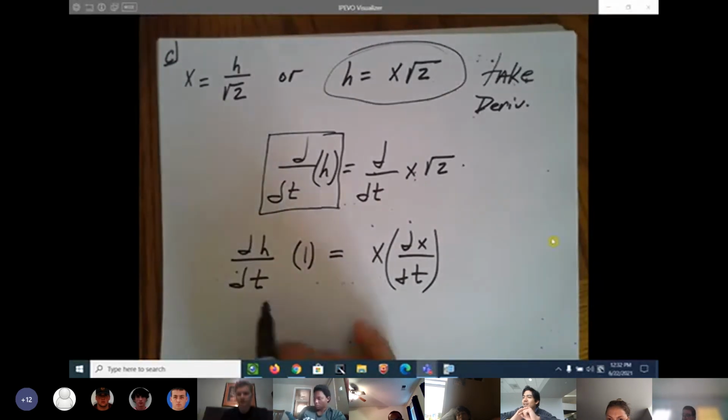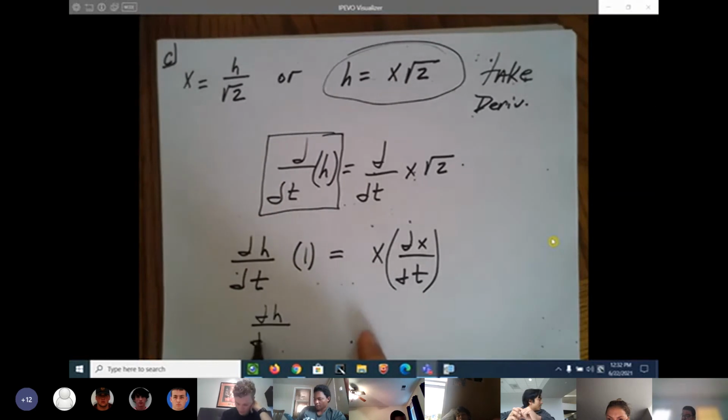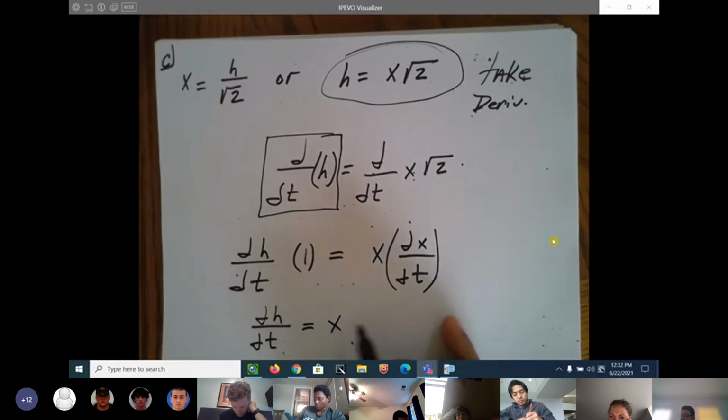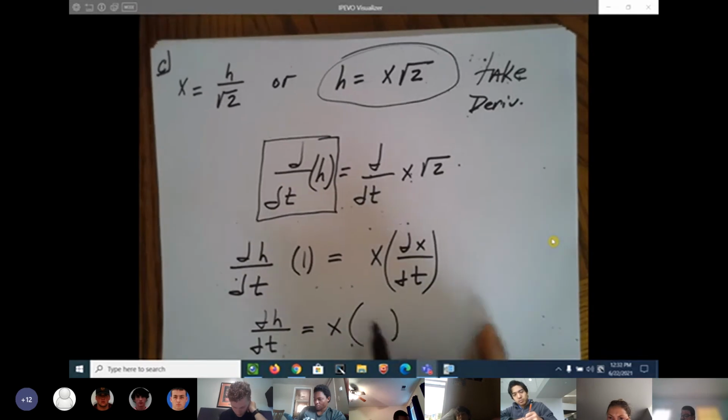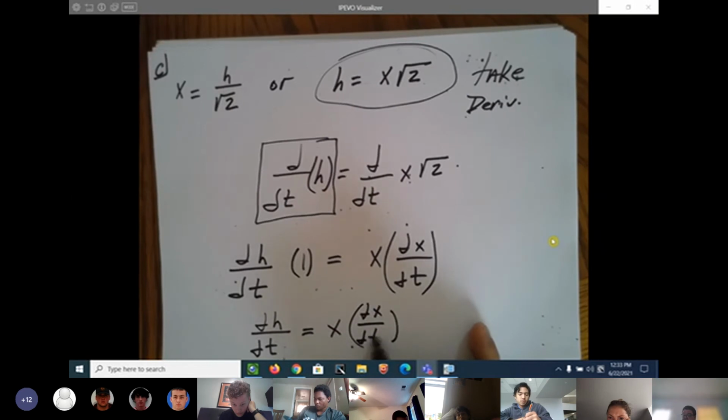All right, so dh dt, the change in the hypotenuse, is equal to the square root of 2 times dx dt. And somebody tell me what we already have.